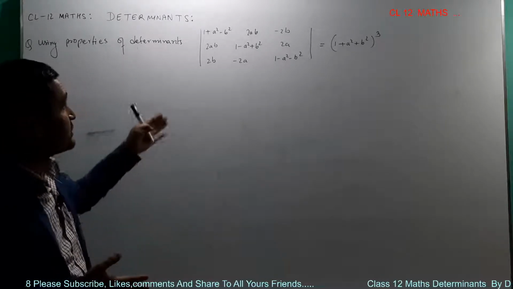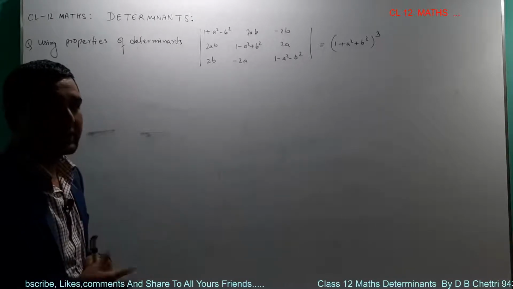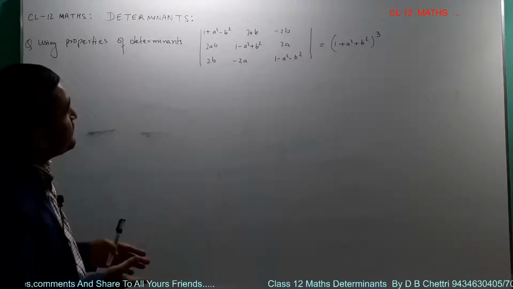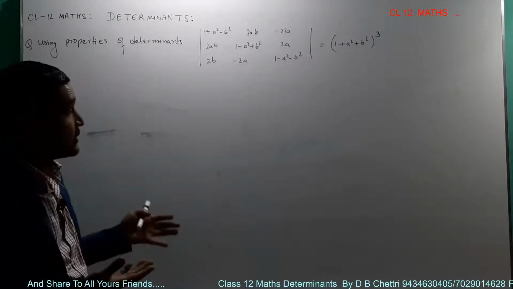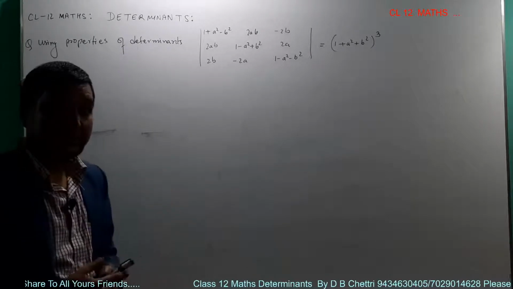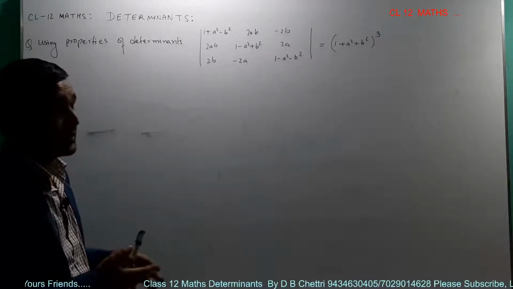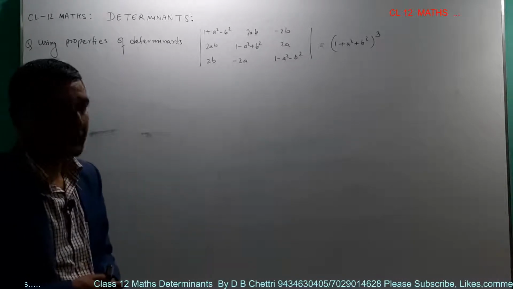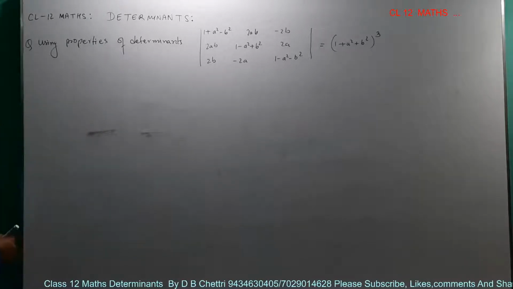If you solve directly, it converts into a complicated form, and that algebra we can't simplify easily. That's why, by using the properties, we'll convert this determinant to a simple form. During conversion, if some common factor is left, we'll take that common factor out of the determinant to simplify easily. Now let me write the left hand side.